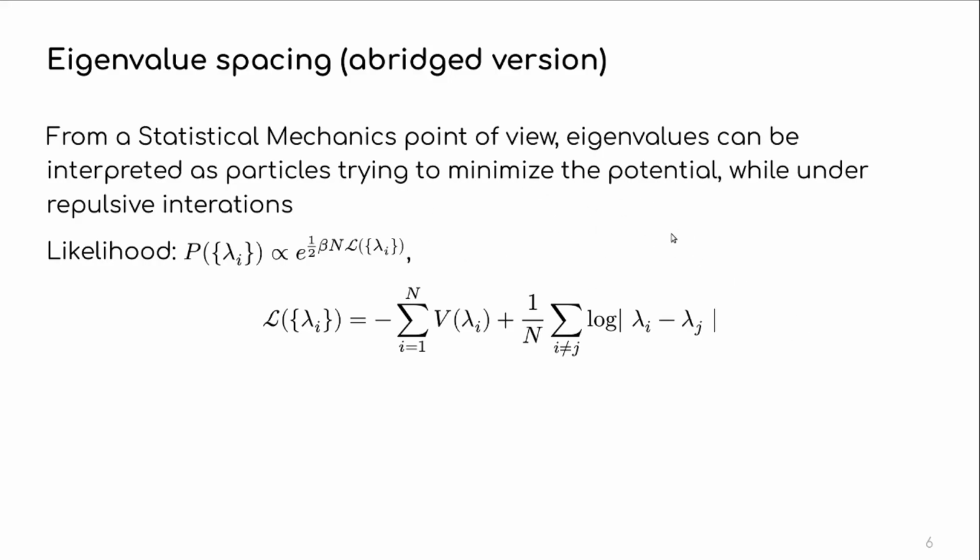We can see this if we take the log likelihood of our model. The probability is proportional to the exponential of something that depends on this log likelihood function of the eigenvalues, which is simply the sum of V, the potential applied to each eigenvalue, plus this repulsive term that depends on each pair of eigenvalues.